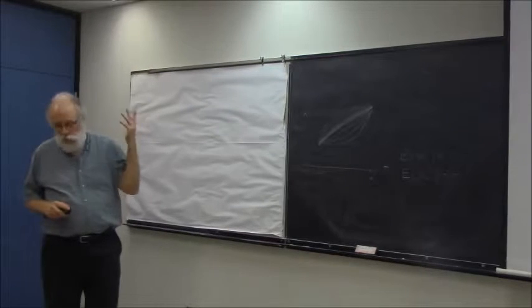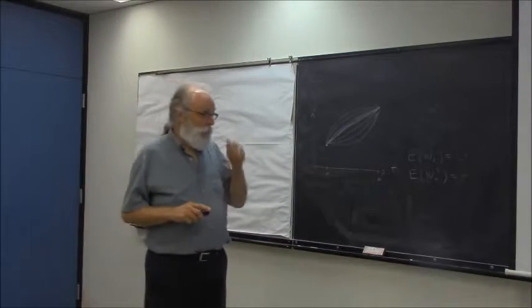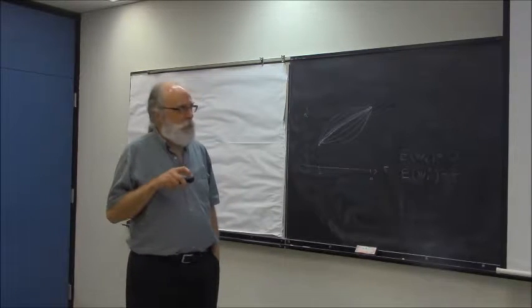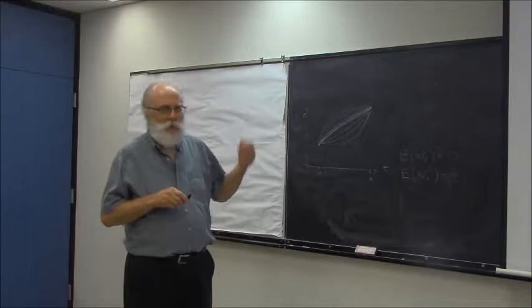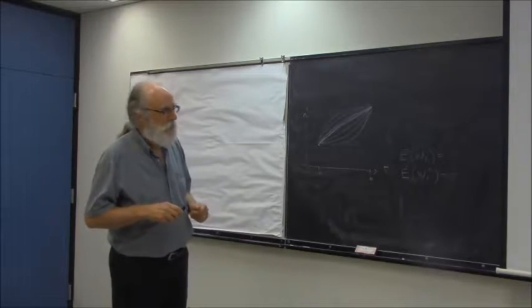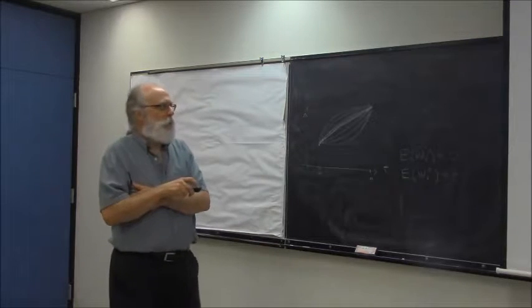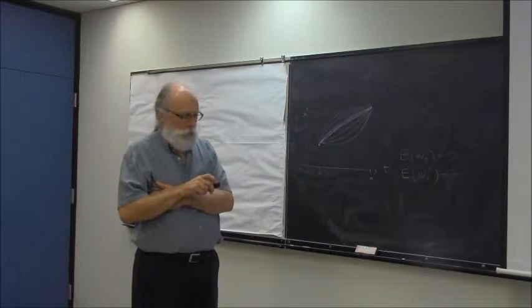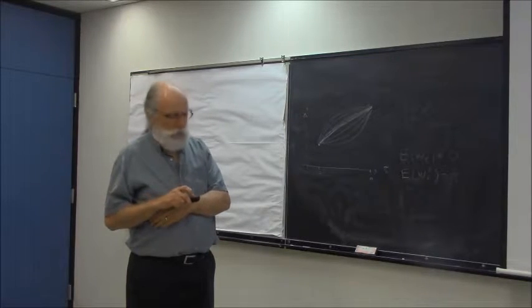We have to look at the mean, the expectation, in order to make sense of this. Okay, anyway, that's the traditional approach, and there are various methods for solving these kinds of problems.